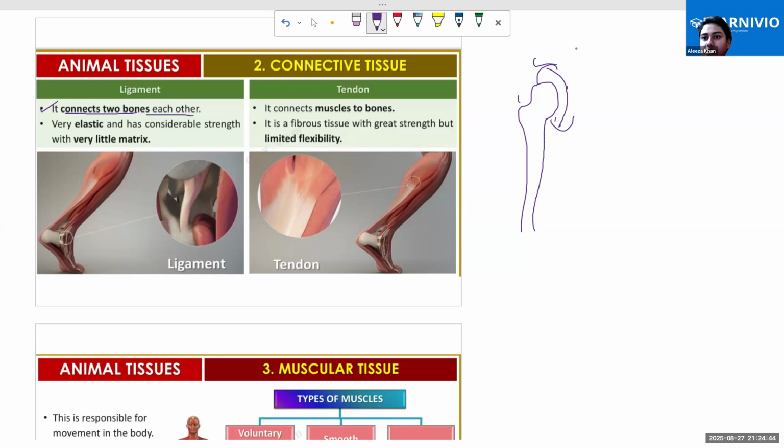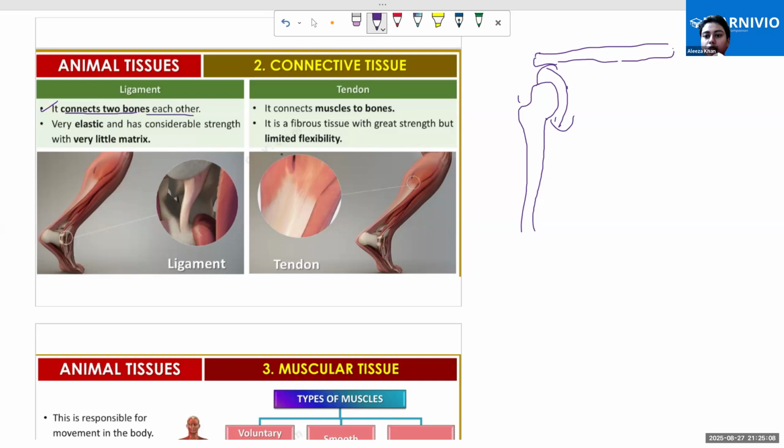You have another structure also, another bone, the part of your clavicle, prominent on the neck side, below the neck. These are the structures that are connected to each other by your ligaments.